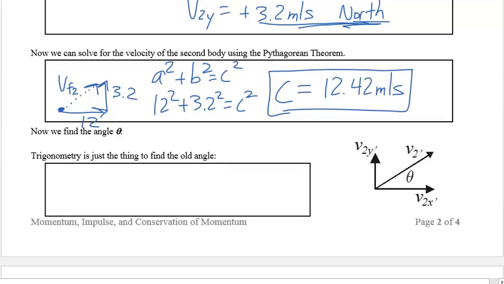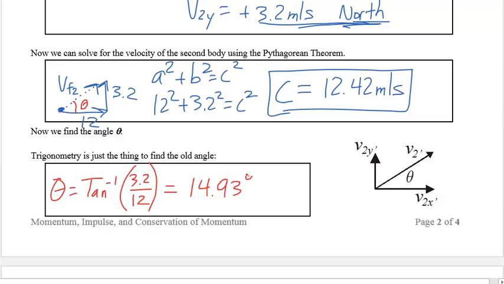So looking at our angle, right, we're looking for the angle that it came from to give us direction. So finding that angle, right, theta is the inverse of tan, and tan is opposite over adjacent, so the opposite of that angle is 3.2. The adjacent to the angle, of course, is 12. And so punching that in your calculator, making sure you're in degrees mode, will give us that angle, and it comes out to be 14.93 degrees.